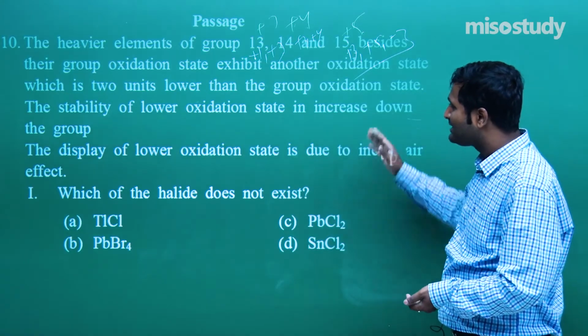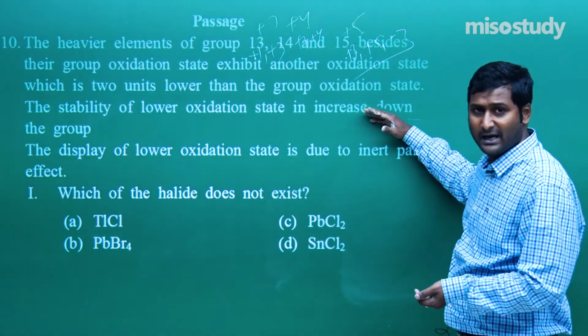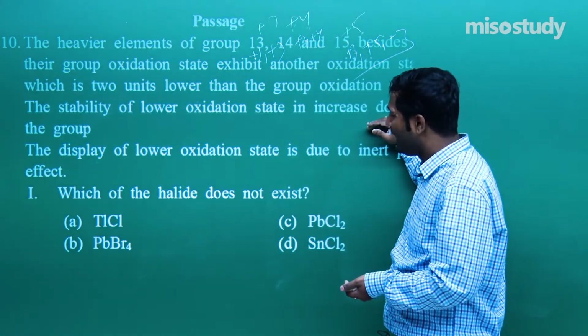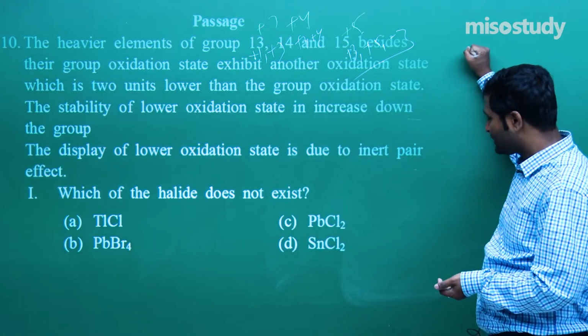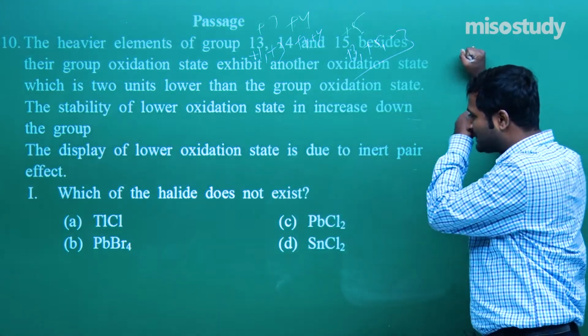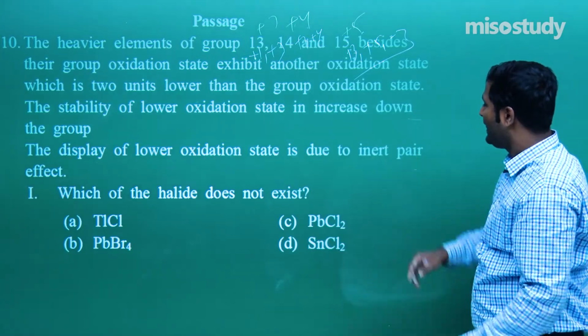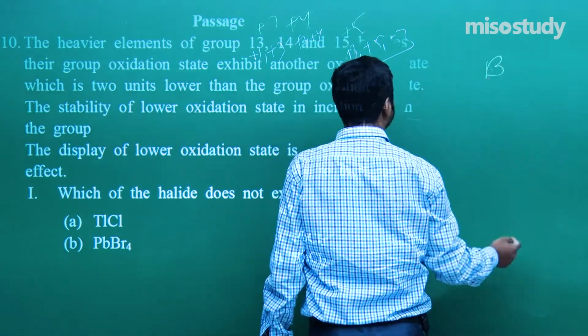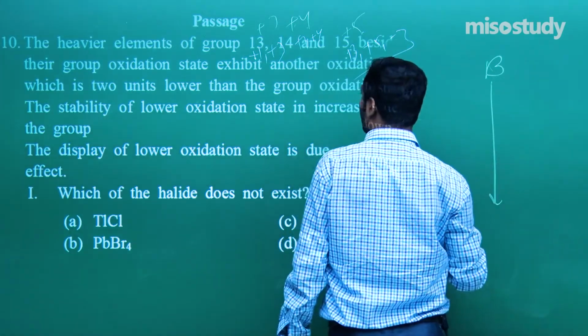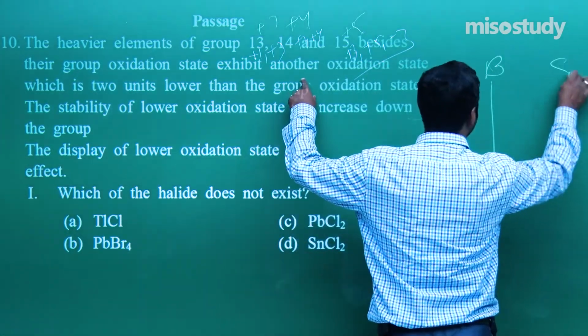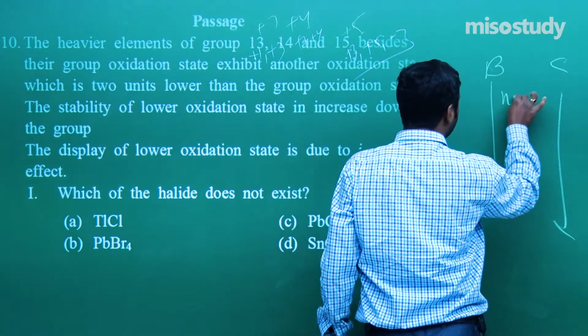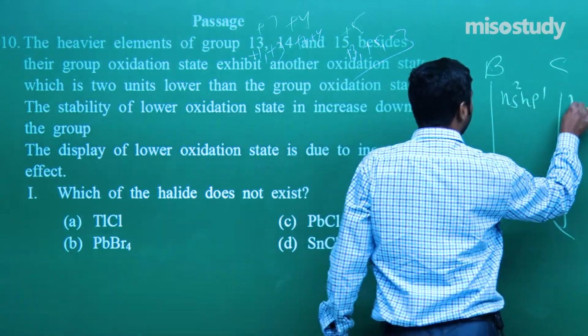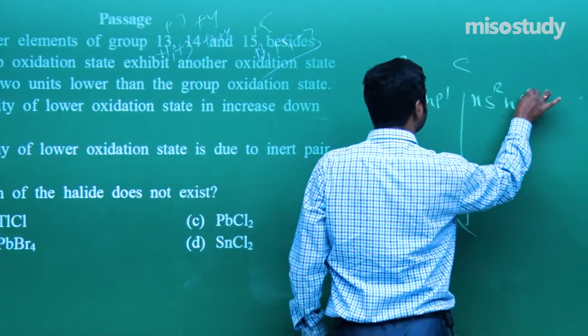Why? This is due to the inert pair effect, as I have discussed during my lecture session. The display of the lower oxidation state is due to the inert pair effect. If I talk about group 13, that is from boron, down the group; if I talk about group 14, carbon down the group, the electronic configuration is ns2 np1 here, and ns2 np2 here.